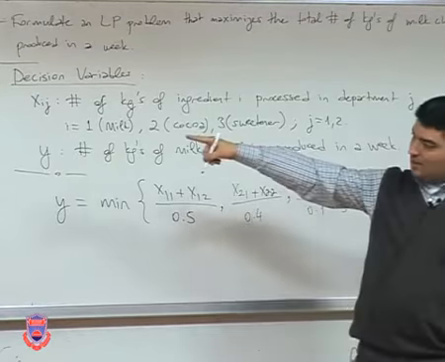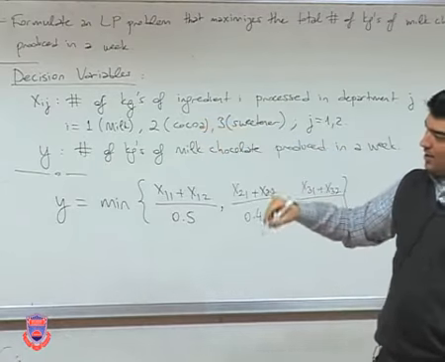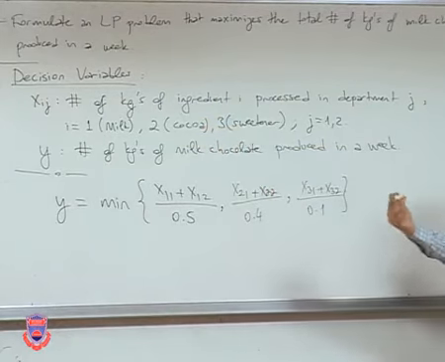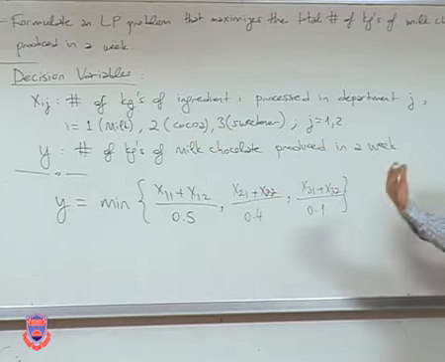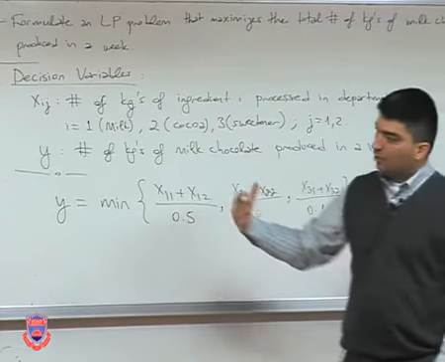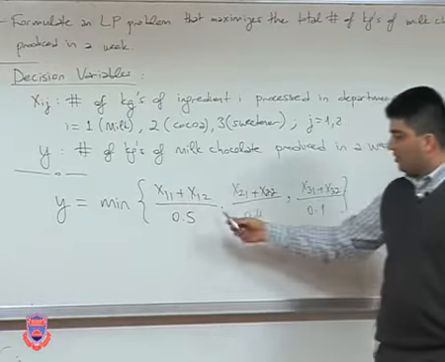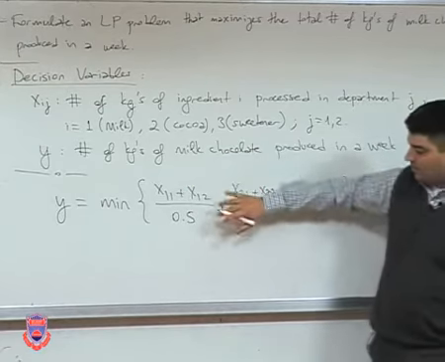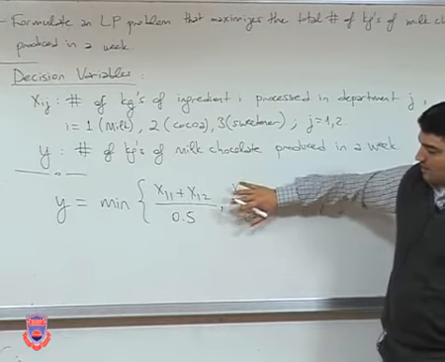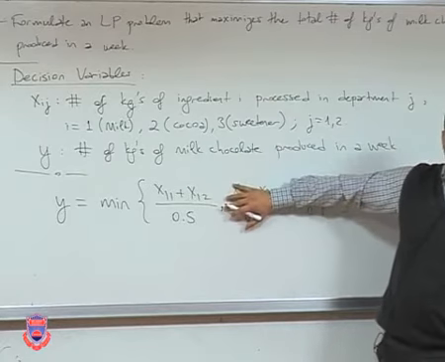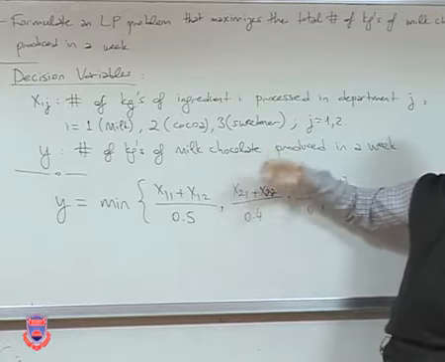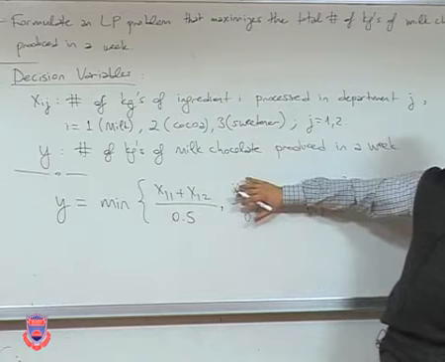Well, as I said, the reason comes from these proportions. So basically, to produce 1 kilogram of milk chocolate, I need 0.5 kilograms of milk, 0.4 kilograms of cocoa, and 0.1 kilograms of sweetener. So as a result, these ratios will tell me, if I just look at this ratio, this is the largest amount of chocolate milk I can produce, provided that I have a sufficient amount of the other ingredients available. Okay?